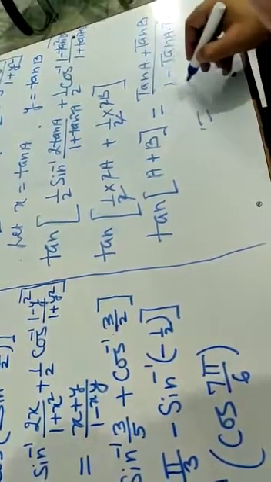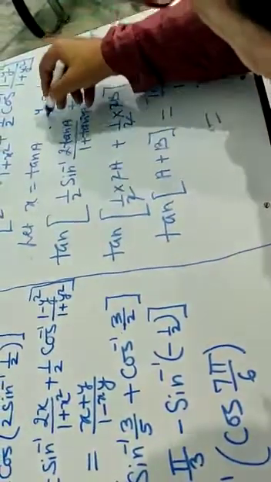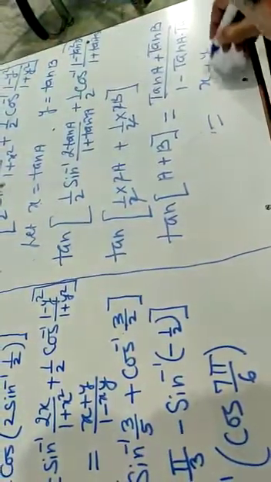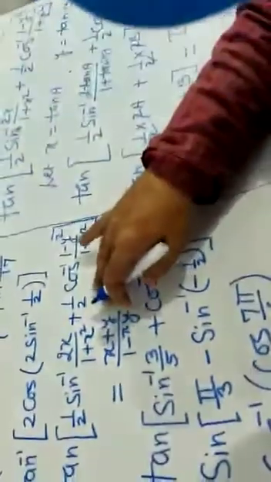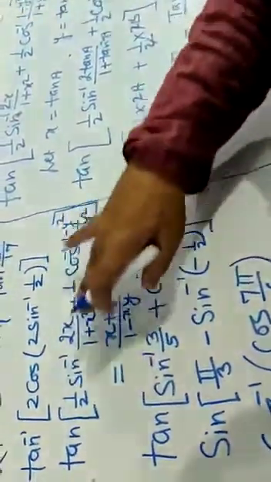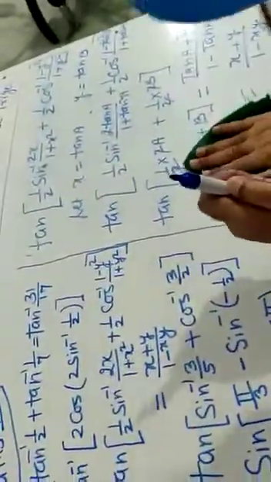Instead of tan a you write x, and tan b equals y, giving x plus y by 1 minus xy. Now this equation is verified.